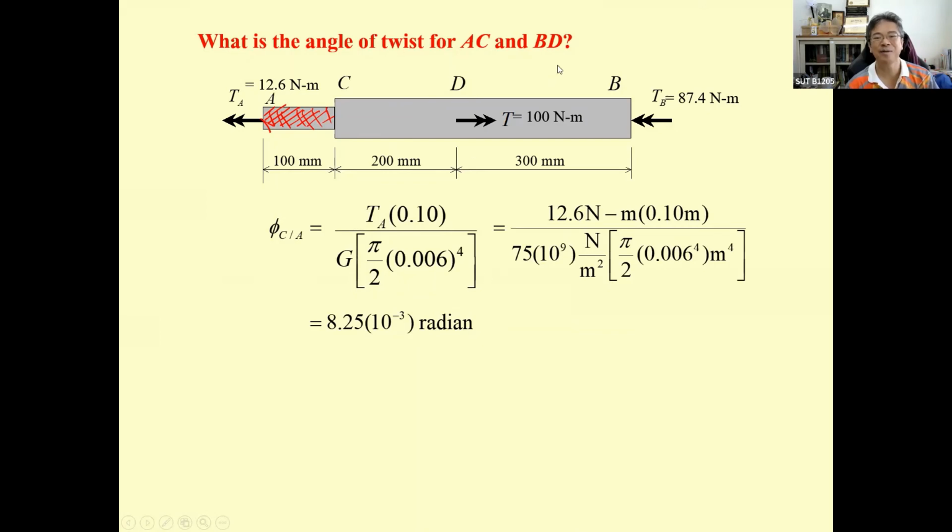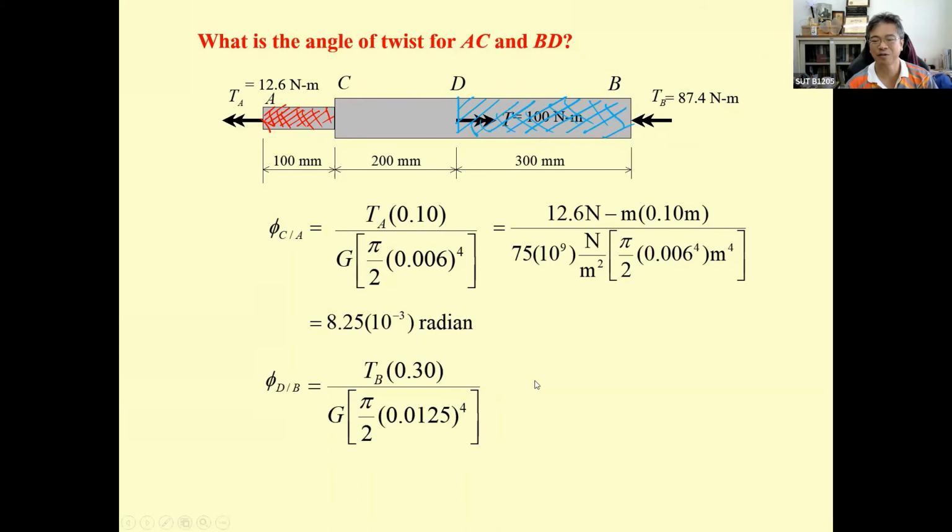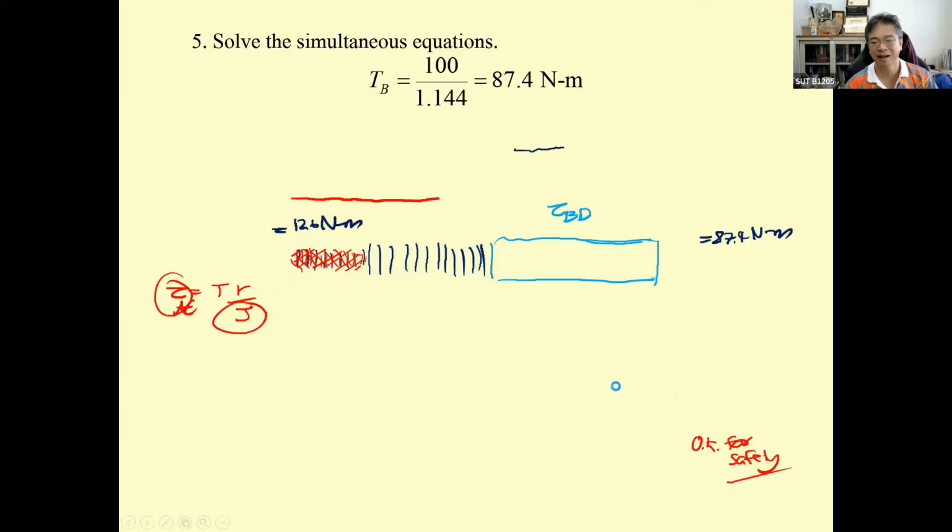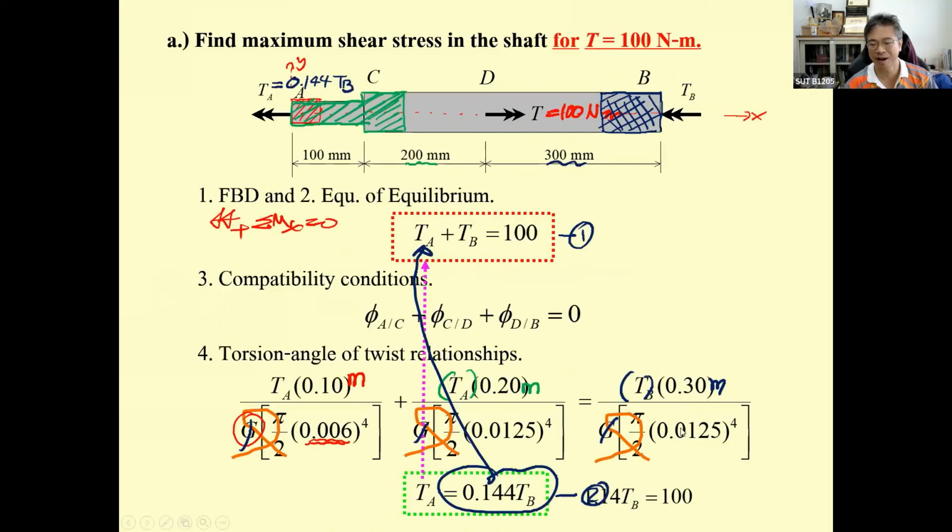And then for the BD, this is this portion. I put it in the light blue. So you just put this one for the equation that we have. Actually, we just take the equation from here. This is phi D/B, and for the previous one, we can take from this equation.